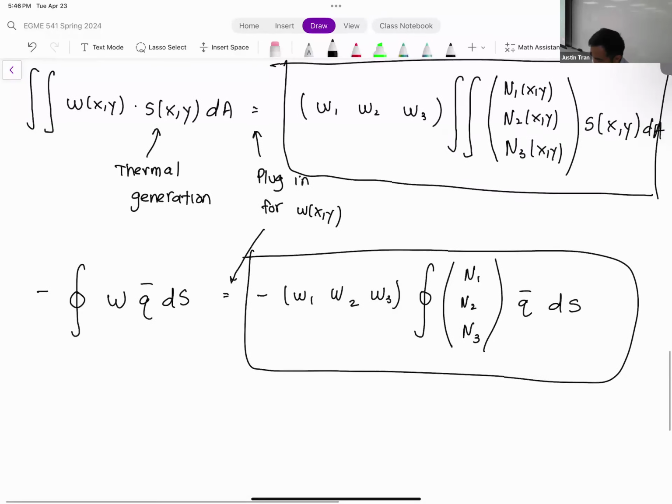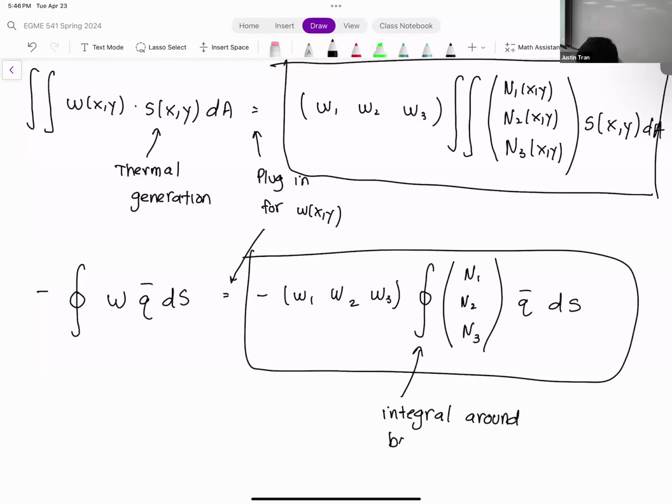Let me be a little bit more specific. This line integral is specifically around the boundary of our element. Since we have a 2D element here, our boundary around it is going to be an edge, so a line.